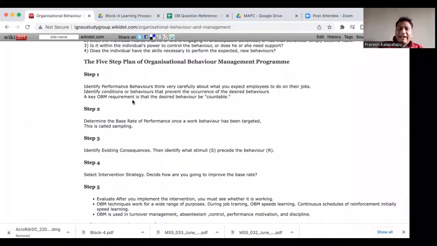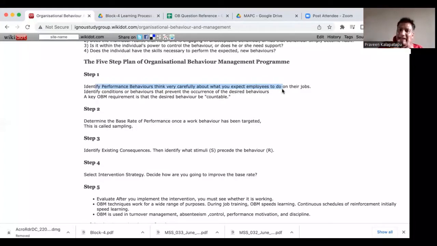Generally when you are creating the steps, first, identify performance behaviors. Think very carefully about what you expect from it. First, think about what you are actually trying to do in this program. So, what is the objective of this program? That is the first point.